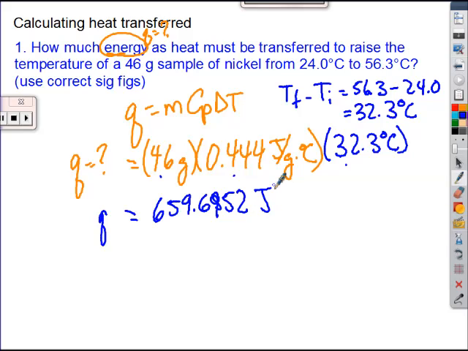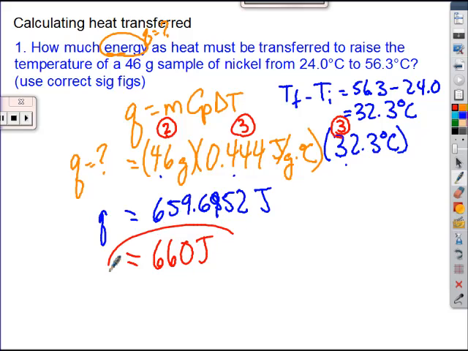Now, we're in the significant figures chapter, so we have to round it off. Going back to our significant figures rules, I have 2 here, I have 3 here, and I have 3 here, which means I have to have 2 in my answer. So how would I report this correctly? 660. Okay, 660 joules. And that would be how much energy is transferred.